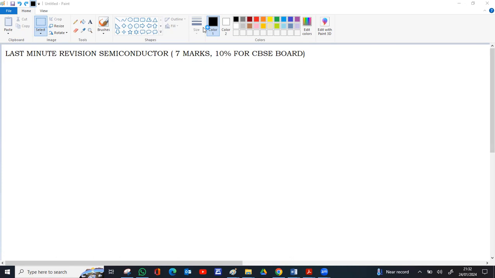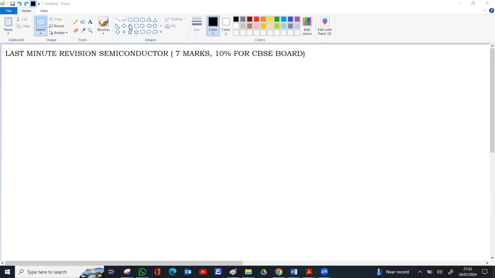classification of materials based on energy band diagrams and the extension of that into different types of semiconductor categories. So all the energy band diagrams are discussed as a single topic here. The first broad classification is materials into conductors, insulators and semiconductors.